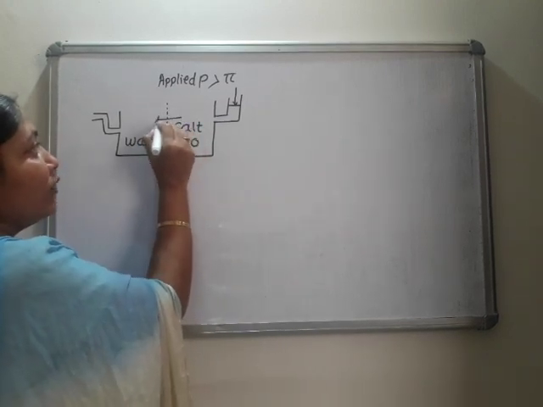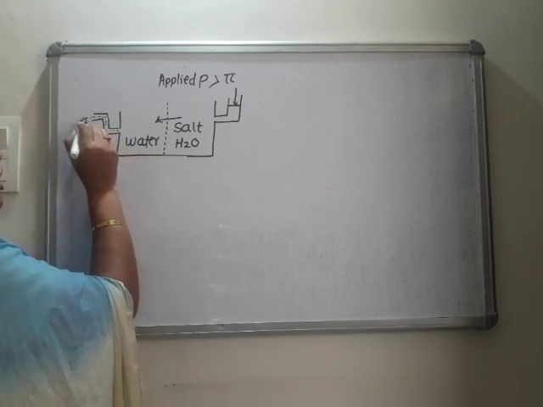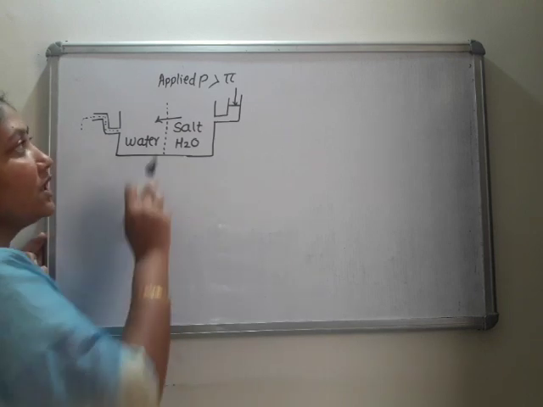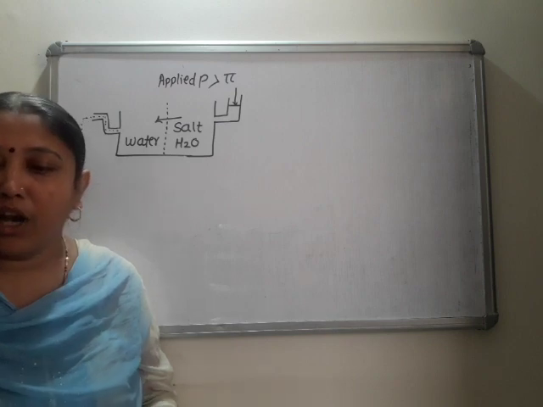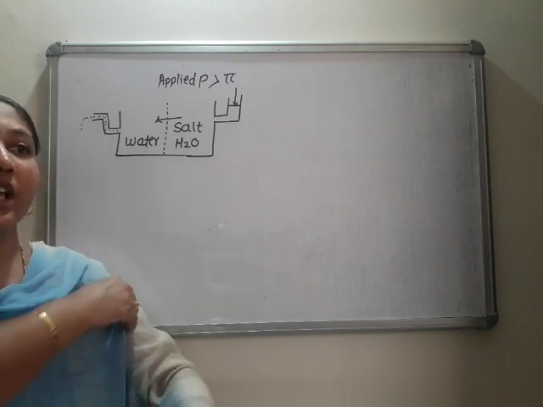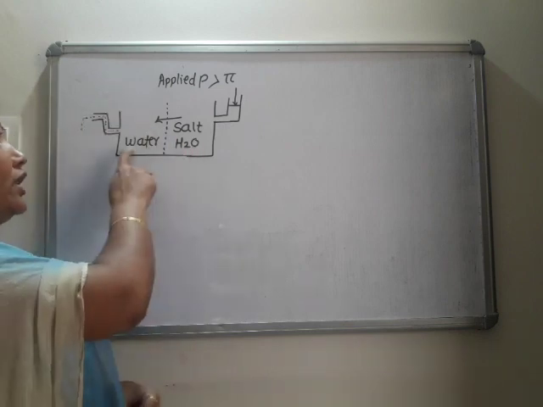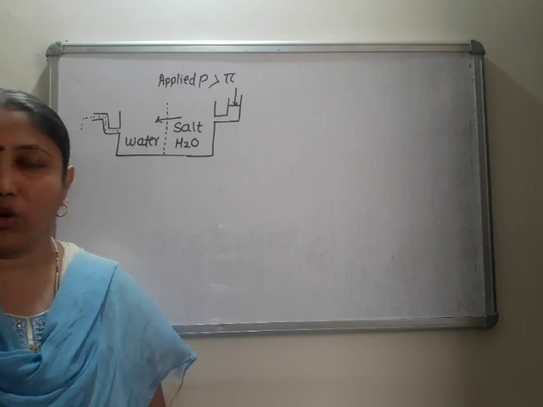Solvent in it will enter into this, and that extra water comes out through this outlet. So this process is called reverse osmosis. Very simple. Opposite to osmosis, the flow of solvent from solution into solvent is called reverse osmosis.